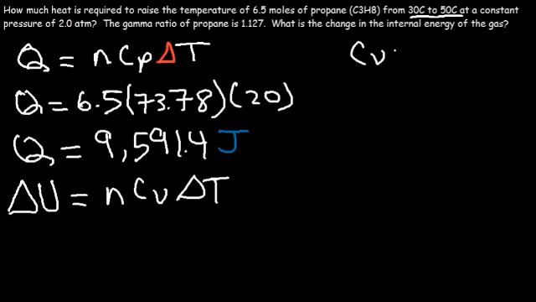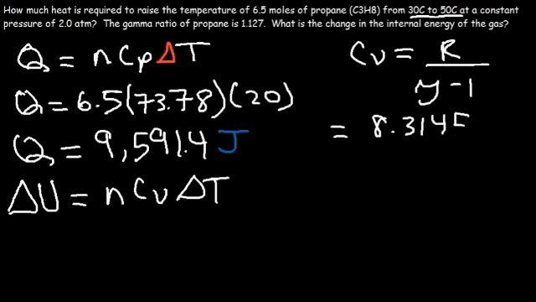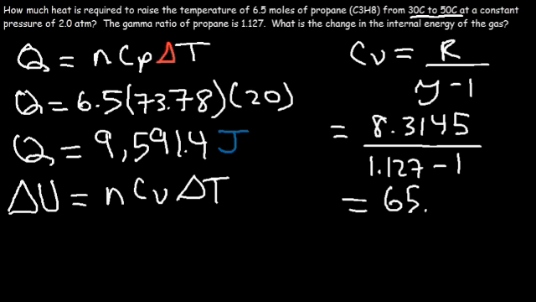We know that Cv is equal to R divided by gamma minus 1. So that's 8.3145 divided by 1.127 minus 1. So 8.3145 divided by 0.127 is around 65.47.